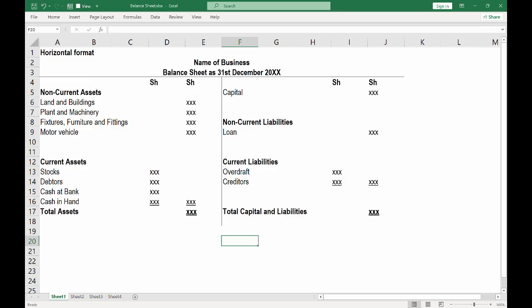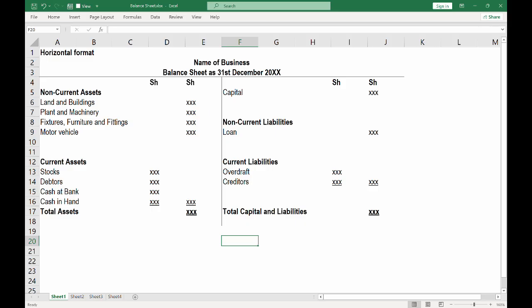So before we go to the format, let's look at the assets. We know that assets are resources that are owned or controlled by the company to be used for future benefits. This can be tangible things or intangible things.